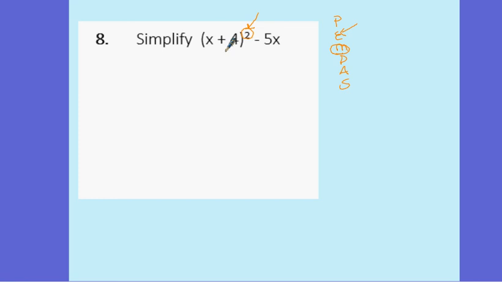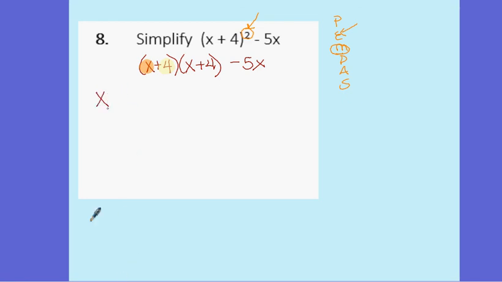So, to square something means I have x plus 4 times itself. And then I have this subtract 5x at the end. Now here, I see a binomial that has to distribute to another binomial. I must break this first polynomial into pieces.